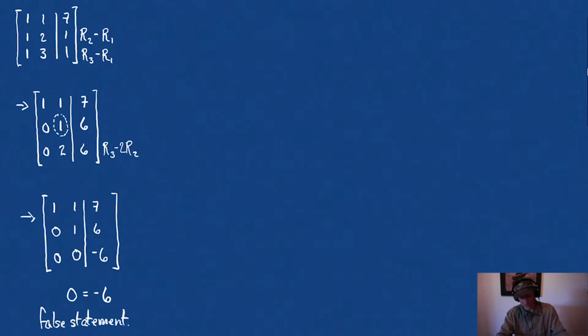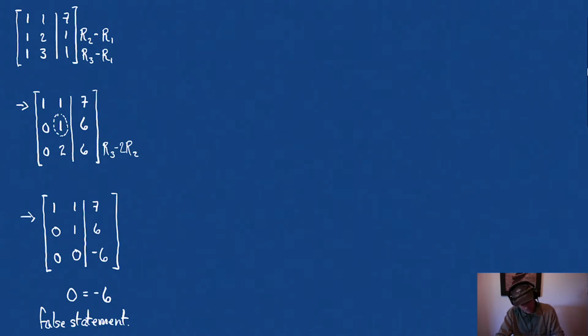When you get a false statement, that's the algebra's way of telling you that something can't work. So in other words, there's no solution, and we already intuitively could see that. So how do we solve that? Well, we solve this by a projection.